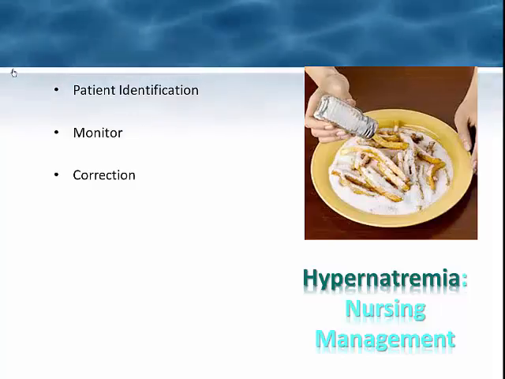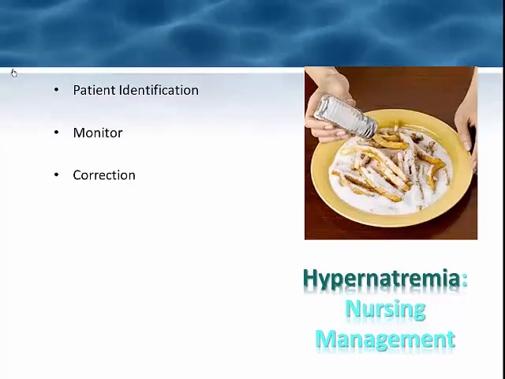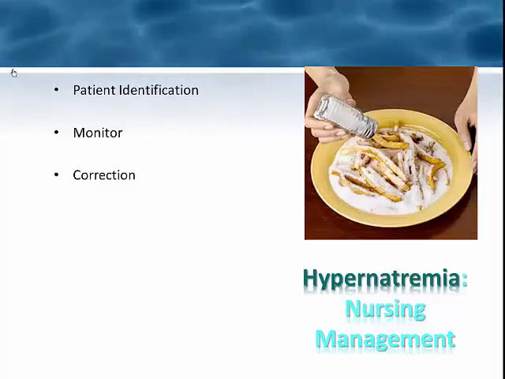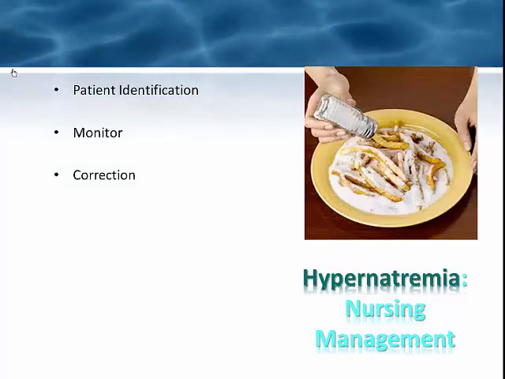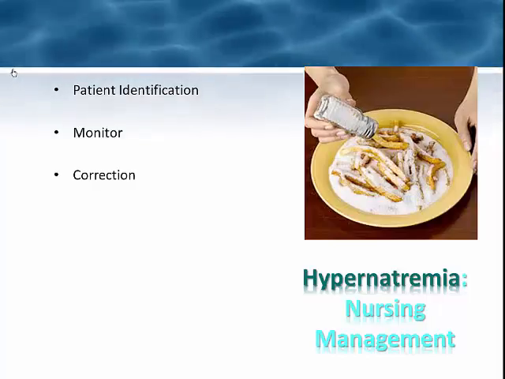Medication histories. Monitor the patient for their thirst and elevated body temperature, and remember your aging population. And monitor the central nervous system symptoms. And what are they? If you remember, lethargy, changes in behavior, restlessness, and disorientation.